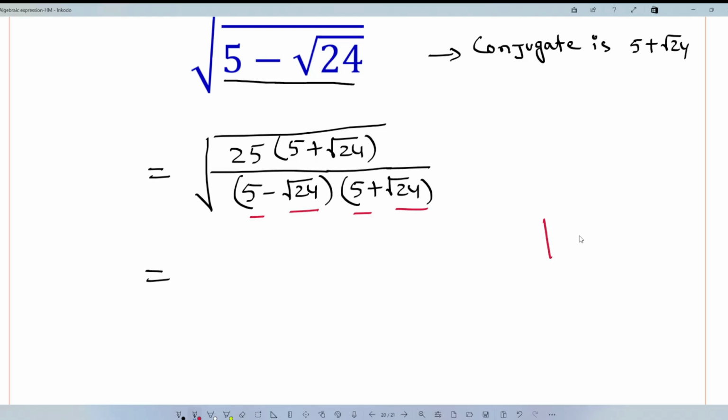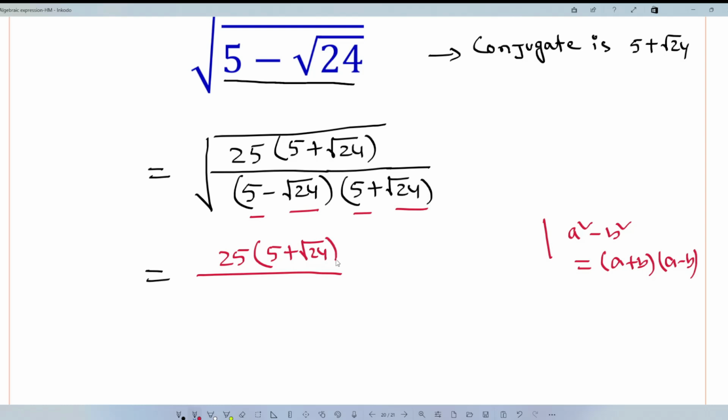It looks like the a square minus b square identity, a plus b and a minus b. So we can write 25 times (5 plus root 24) divided by 5 square minus root 24 square.